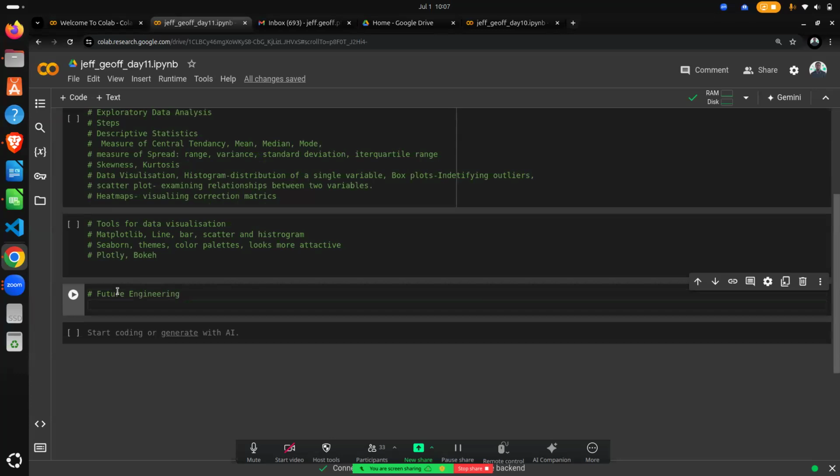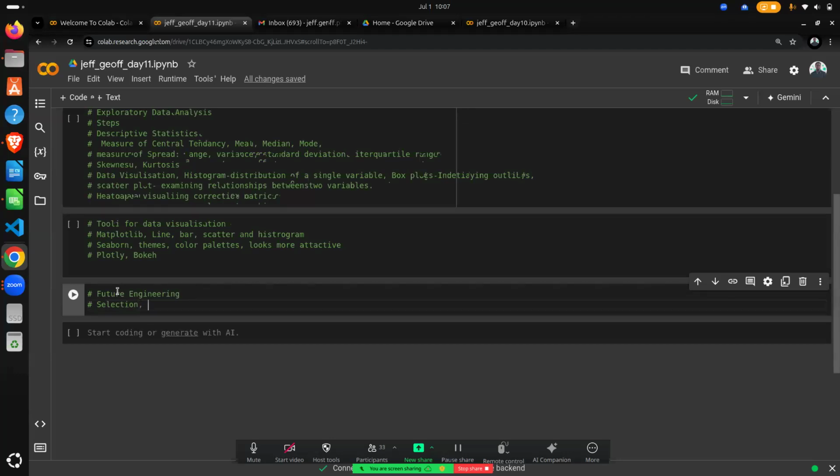When you look at feature engineering, basically here what we are interested in is selection. Now this selection could be, especially on the methods, if you're going to use ANOVA, chi-square.